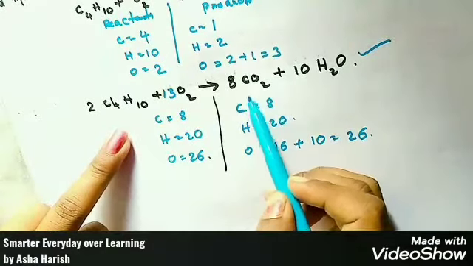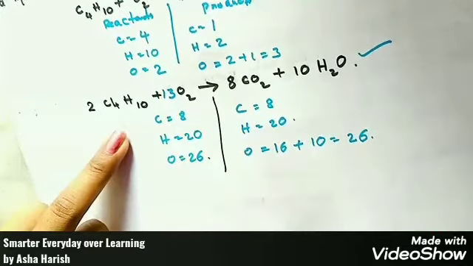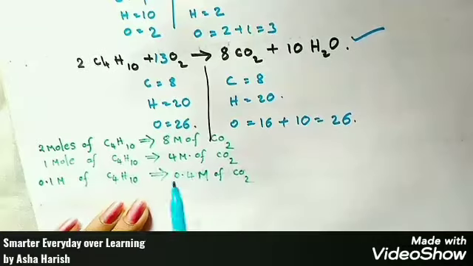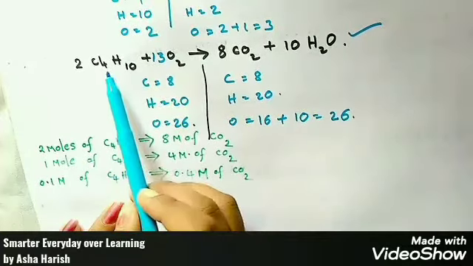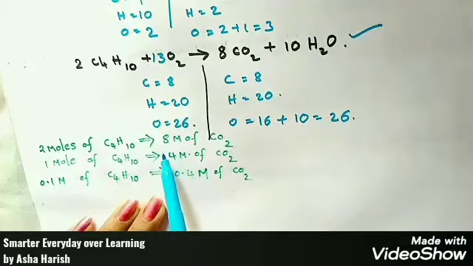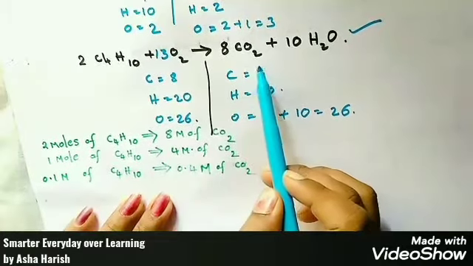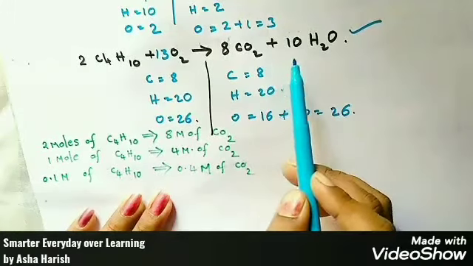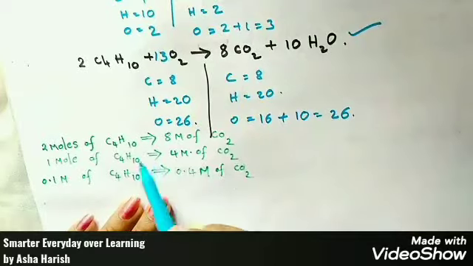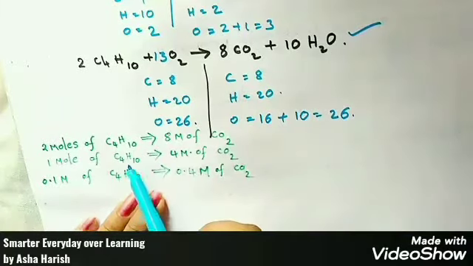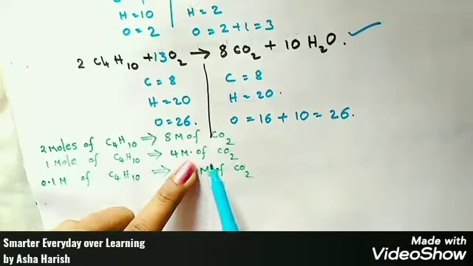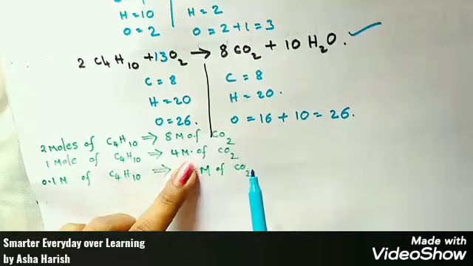Let's do it clearly. 2 moles of butane, C4H10, gives 8 moles of CO2. By seeing that chemical equation, we can write it like this, students. Then 1 mole of butane gives 4 moles of CO2, right?